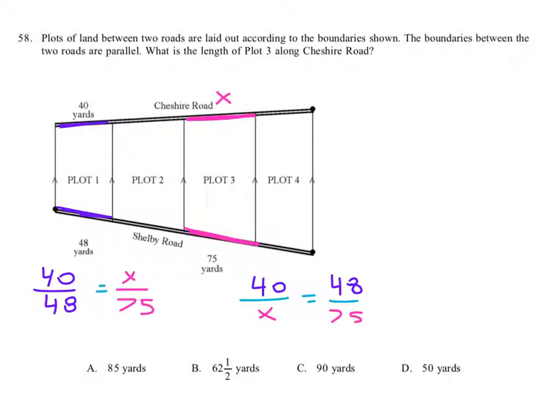No matter what, when you set it up like that, look what happens. You get 48 multiplying with x in that direction and 40 multiplying with 75 in that direction. So it doesn't matter how you do it, whether you do it this to this equals this to this, or whether you do it this to this equals this to this. Okay?